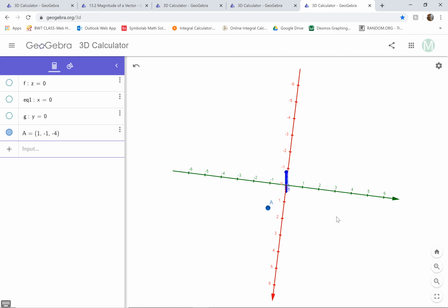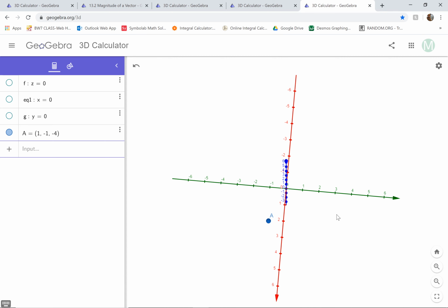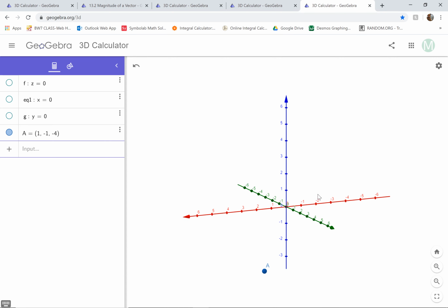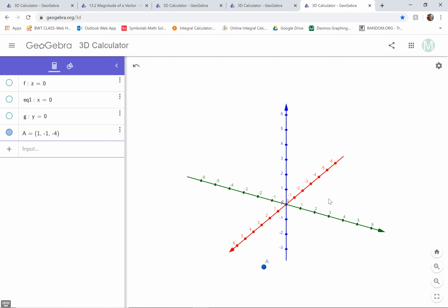Looking at it from above, think of it like flat, like the XY plane, and you can see there the 1, -1, and then adding the depth of the z, it goes down 4 units. So that's how you want to interpret these ordered triples. It's always x, y, z. It tells you how many to go in the x, then the y, then the z direction.